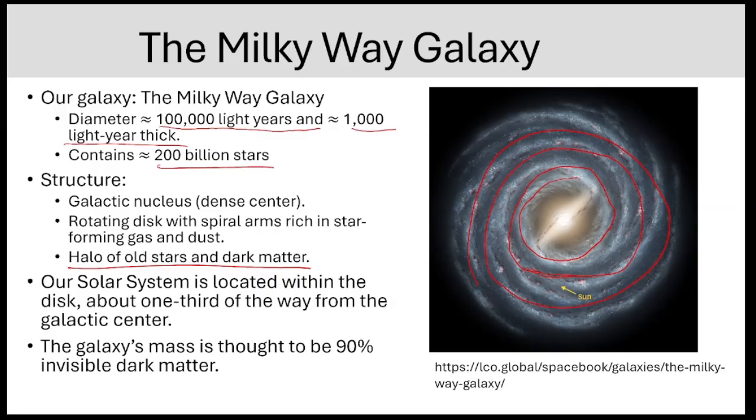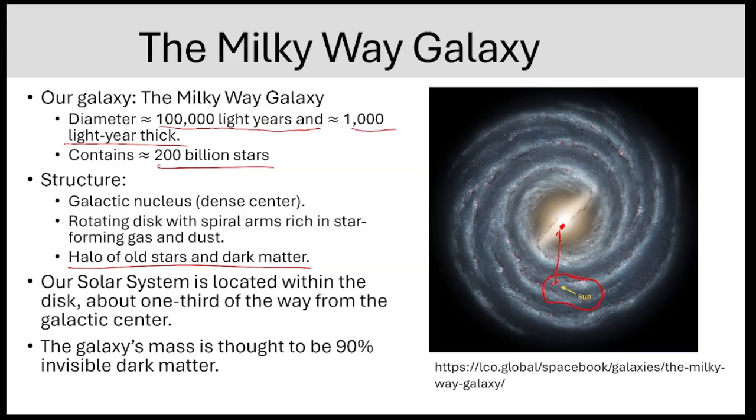And our solar system, if you see here, is somewhere here in this Milky Way galaxy. It lies about 1/3 of the way from the galactic center. About 90% of the Milky Way galaxy's mass is dark matter, and this dark matter is unseen but detectable by its gravity.